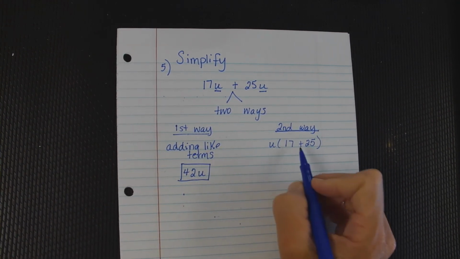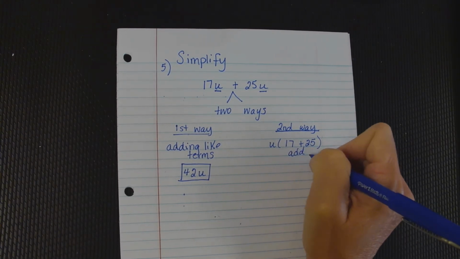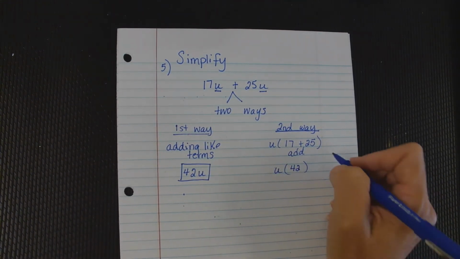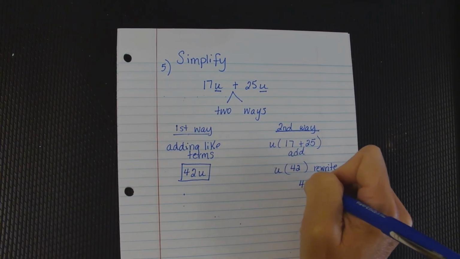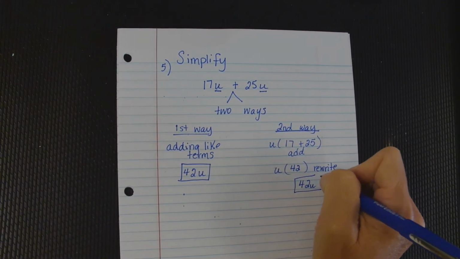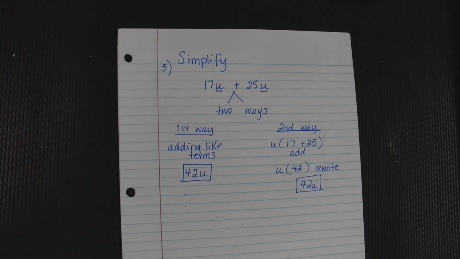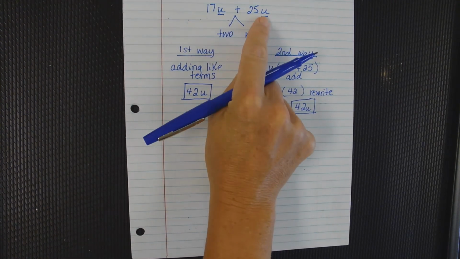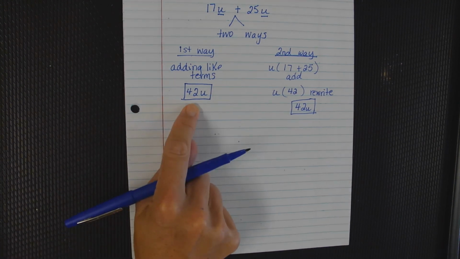I'm taking out the U, and now you can add, what's 17 plus 25? You get 42, and then you have the U out here, and you're going to rewrite it to 42U. More work, same answer. But you want to look at the second way, just to notice they both share a U. But this is easier, y'all agree, right?